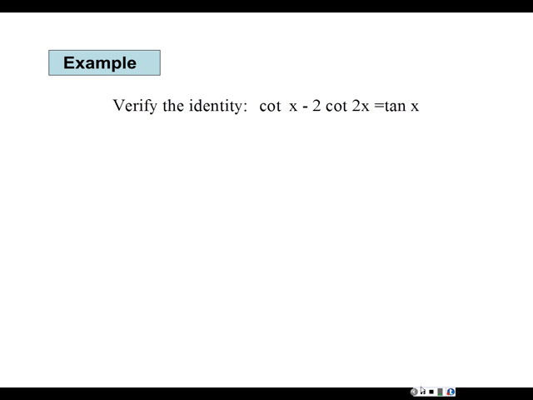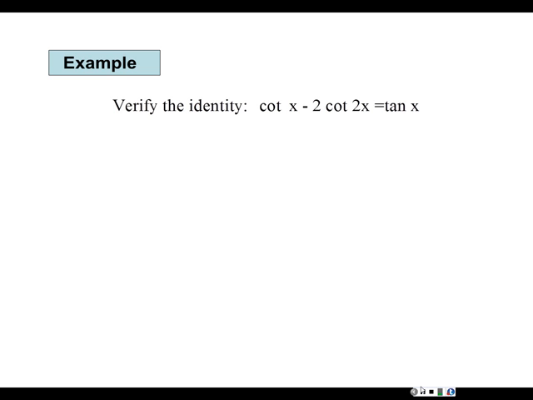So all you need to do is apply the formula for tan 2x only. Remember, don't apply the formula for tan x, because if you do, your x is going to be halved, which will make it tan x by 2. On the right side, no clue, so don't apply the formula. Be careful about that.